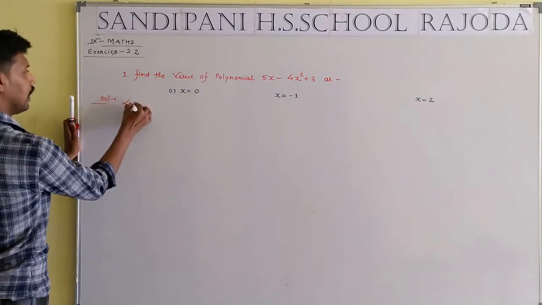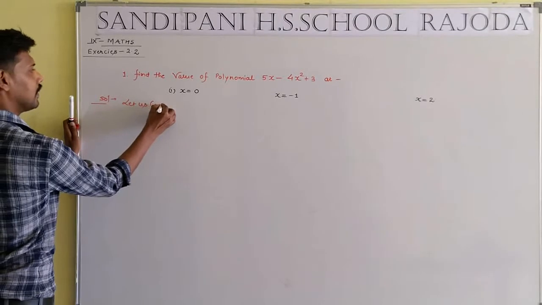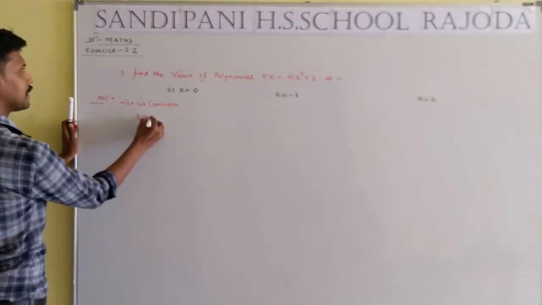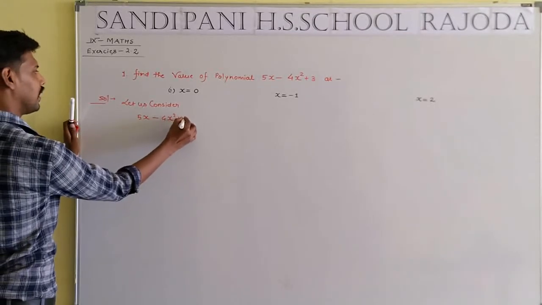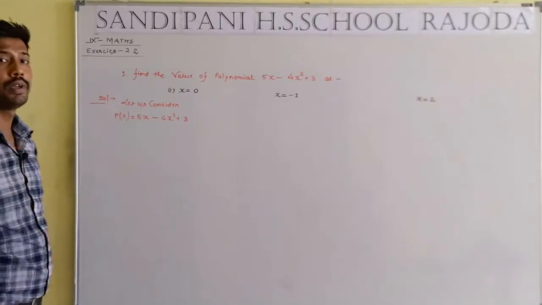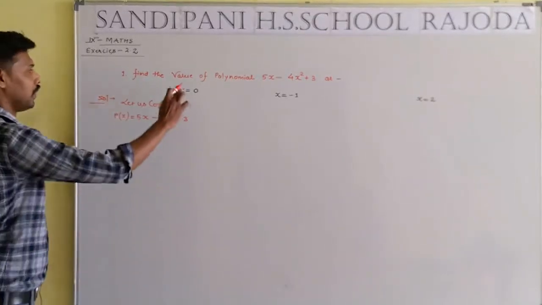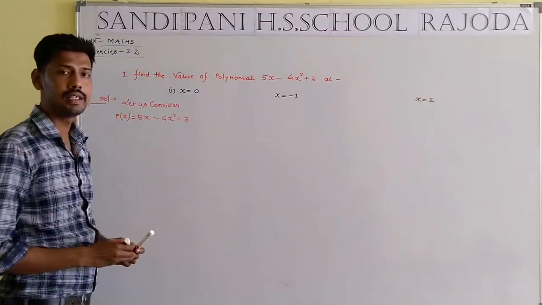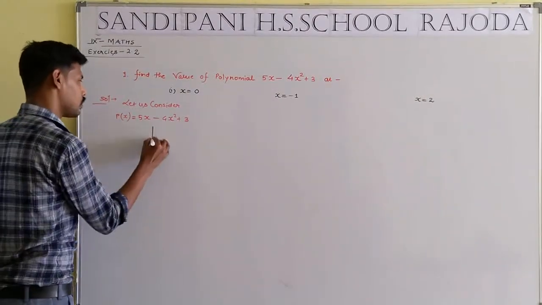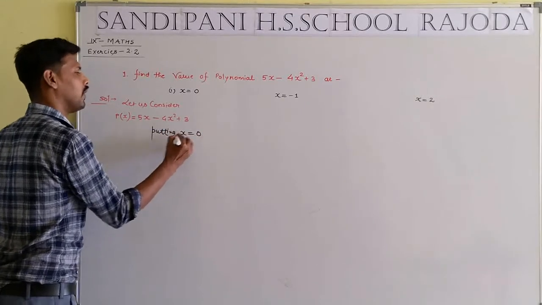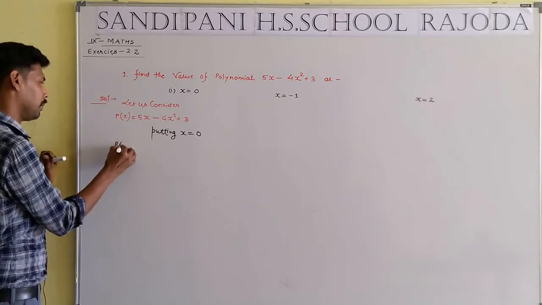Let us consider 5x minus 4x square plus 3 as a polynomial in the form of x. We have to find the value of the polynomial at x equal to 0. So we put x equal to 0.